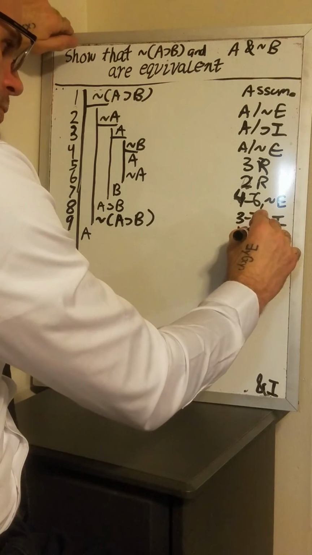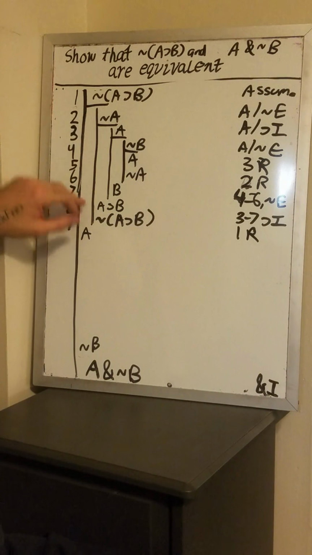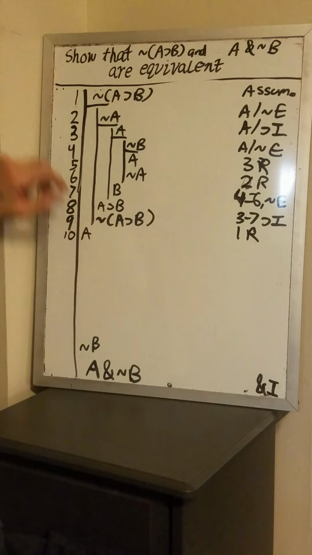It's just line 1 reiteration. And so we can close this out. And line 10 is A by negation elimination lines 2 to 9.